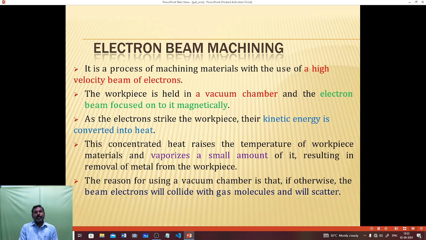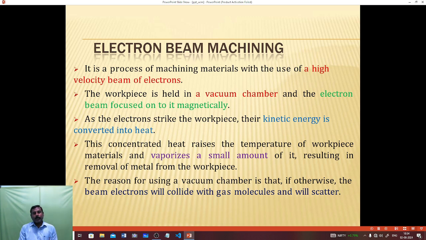Electron beam machining is a process of machining materials with the use of a high velocity beam of electrons. The workpiece is held in a vacuum chamber and the electron beam is focused onto it magnetically. As the electrons strike the workpiece, their kinetic energy is converted into heat.